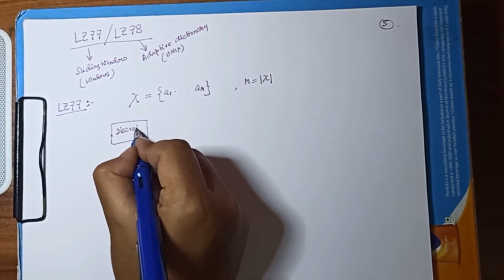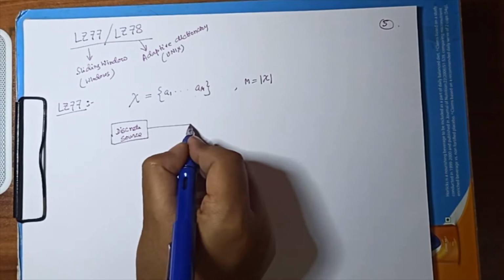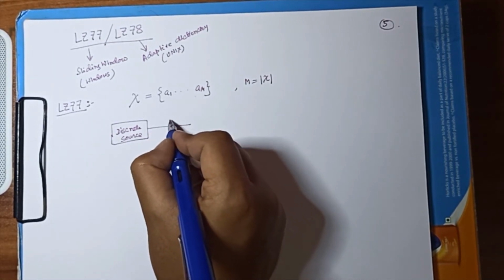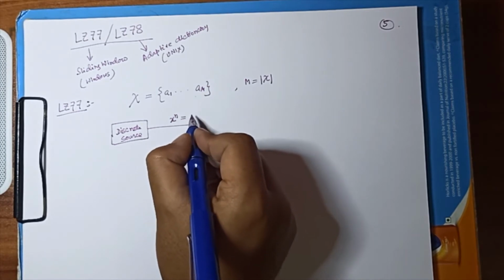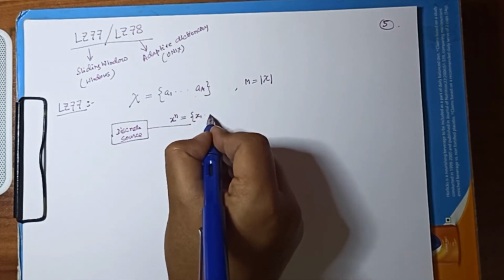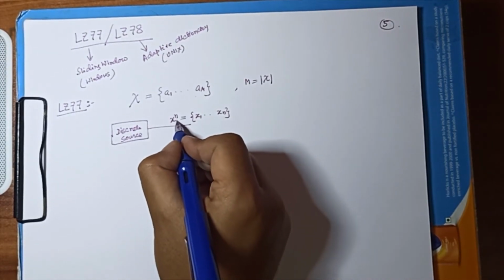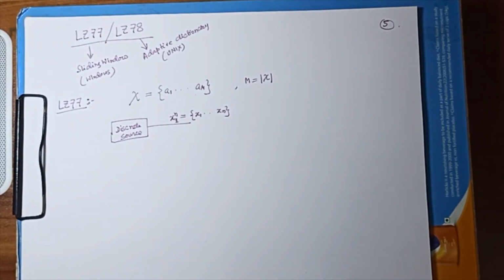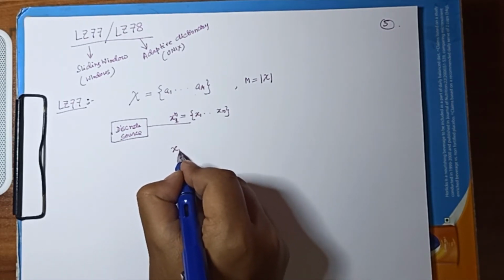This is your discrete source which is emitting these symbols. These symbols I am writing as xn, which means the sequence starting from x1 to xn. Actually I can write it x1n. So 1 is the starting point, n is the ending point. In this way I can generalize it to some xmn.